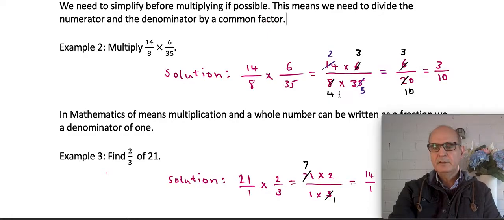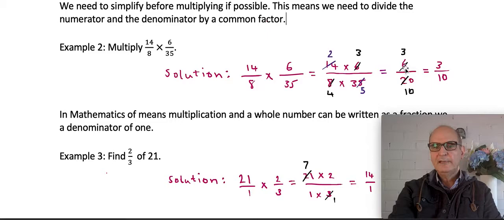Now we multiply these new numbers that we got after dividing. 2 times 3 gives us 6, and 4 times 5 gives us 20. So we got 6/20.